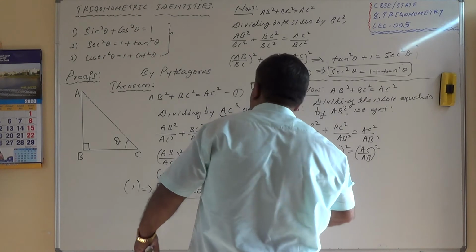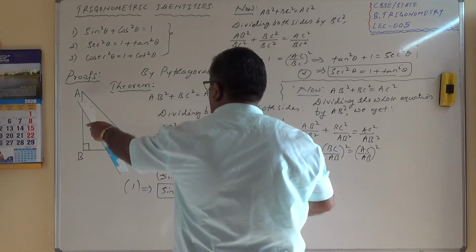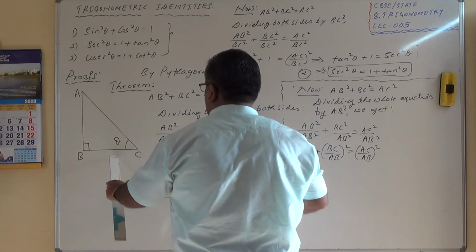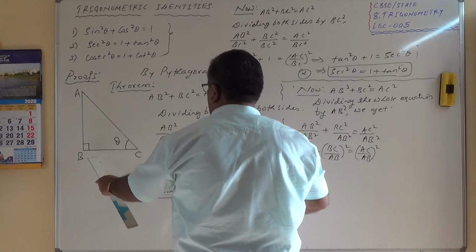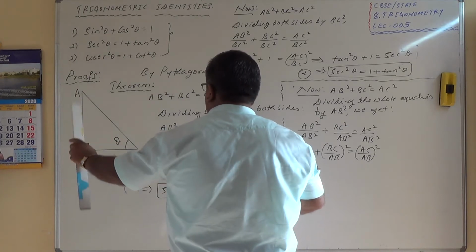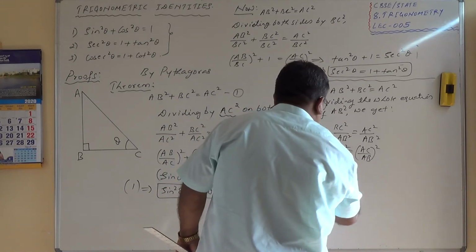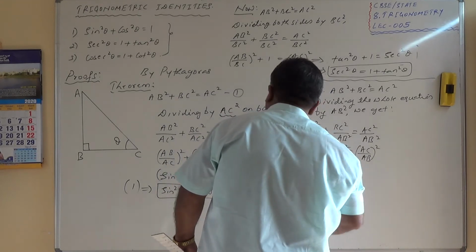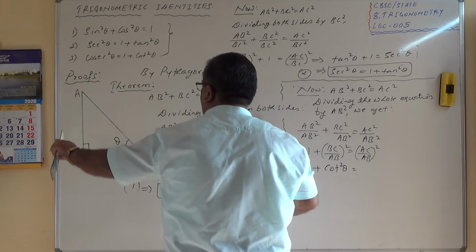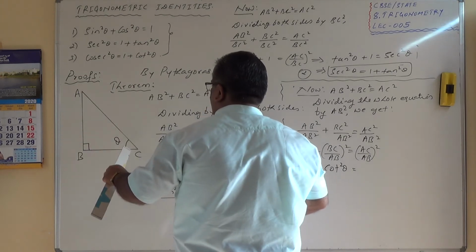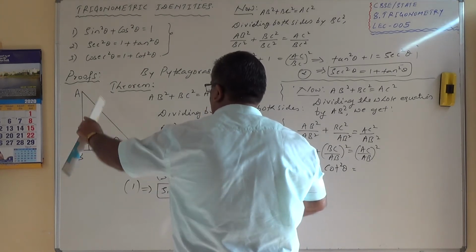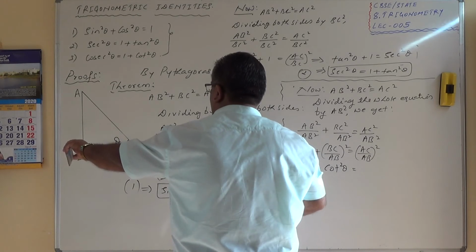1 plus BC by AB. AB by BC is tan theta, so BC by AB is cot theta, the reciprocal of that. So this is cot square theta equals AC by AB. AB by AC is sin theta, so AC by AB is the reciprocal of the same, cosec theta.